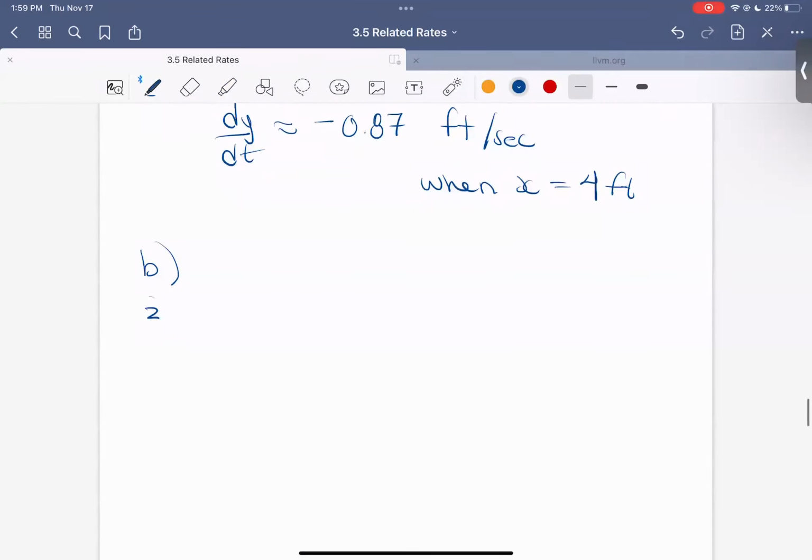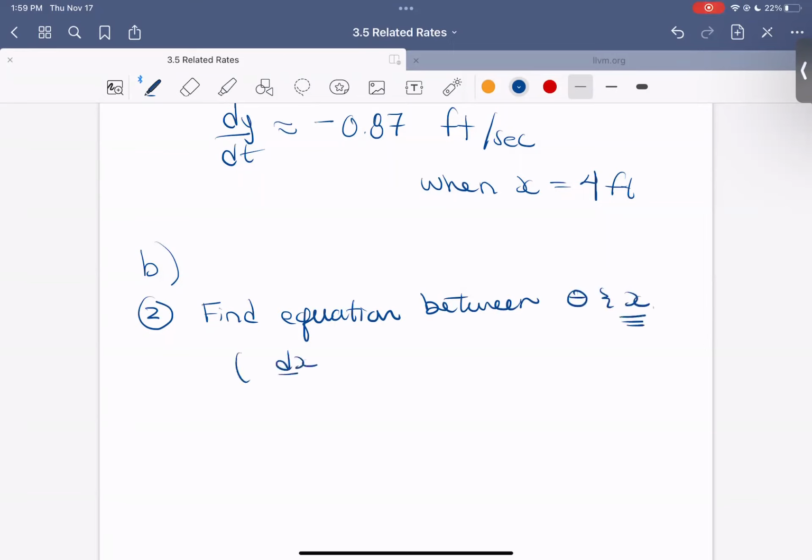So we're on step 2 for part B. We need to find an equation between theta and x. Again, we need theta and x because we're given information about the change of x. dx/dt is 2.